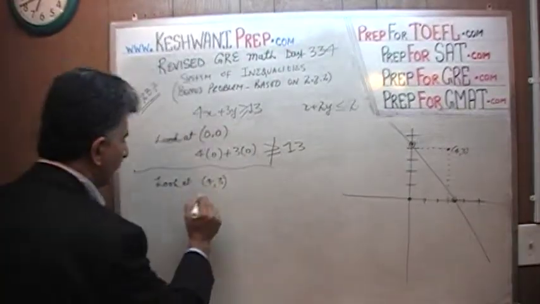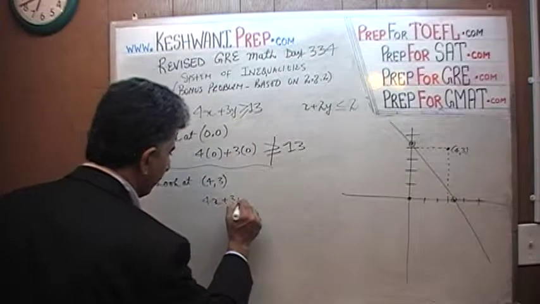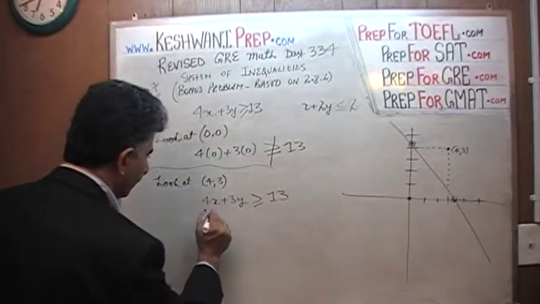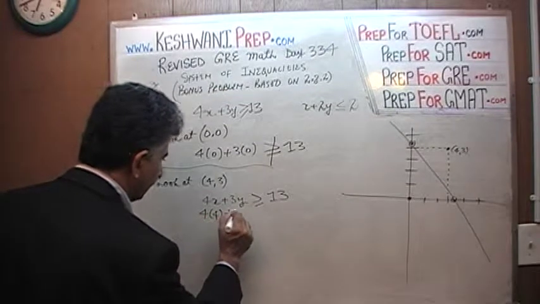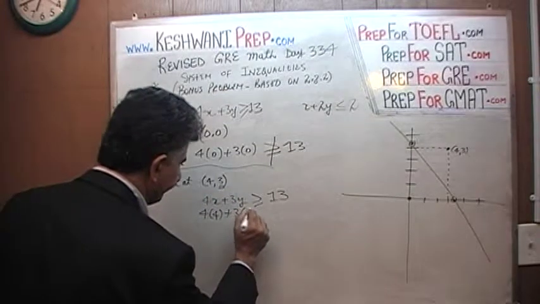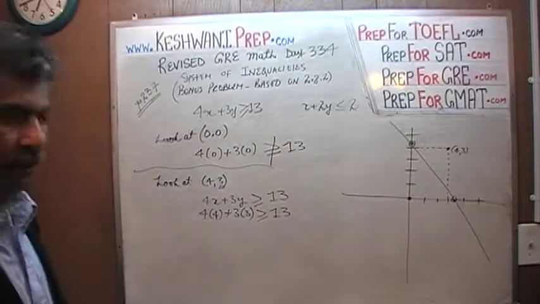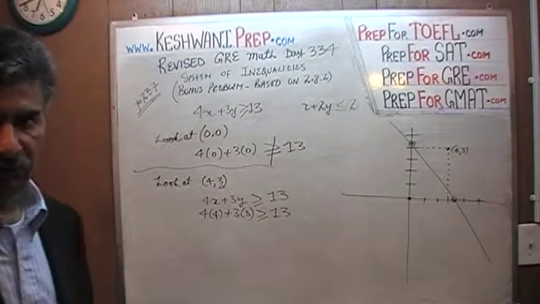4 and 3. 4x plus 3y has to be greater than or equal to 13. 4 times 4 plus 3 times 3 is indeed greater than or equal to 13. 4 times 4 is already 16.